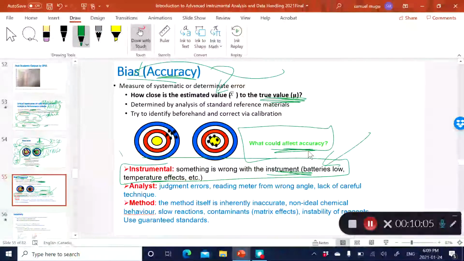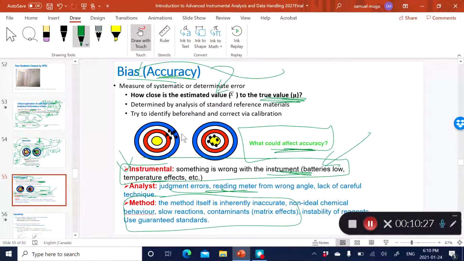But other than the instrument, accuracy could also be affected, of course, by the analyst. And hopefully, the analyst, meaning you, become fairly skilled, such that you do not make errors in your measurements that affect the accuracy. But other things that can affect accuracy is the way you work up your sample.